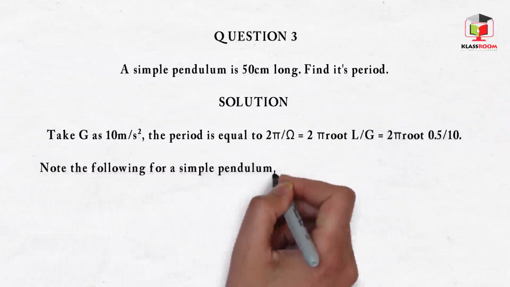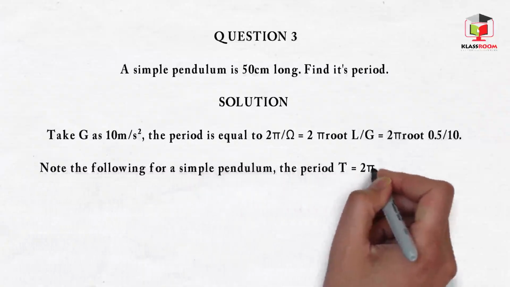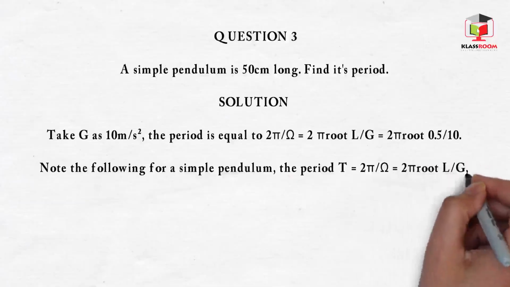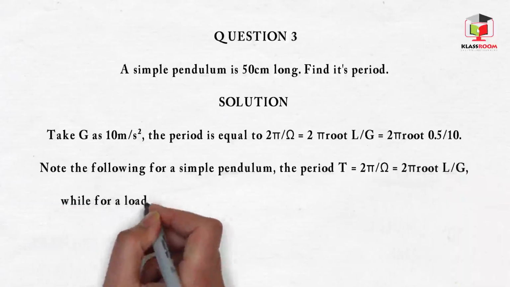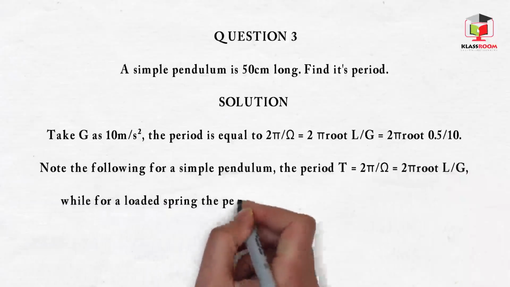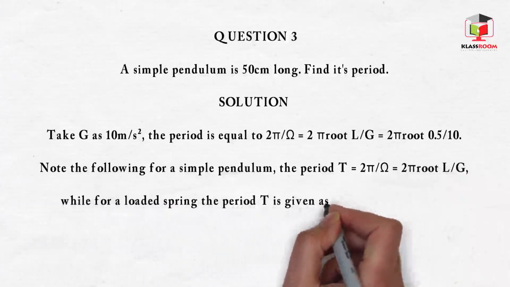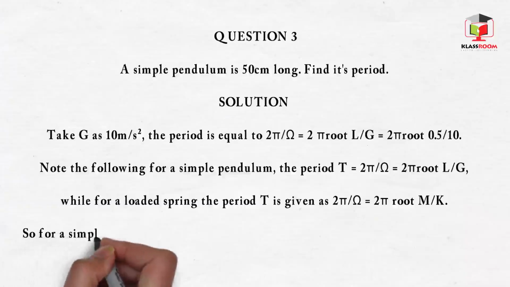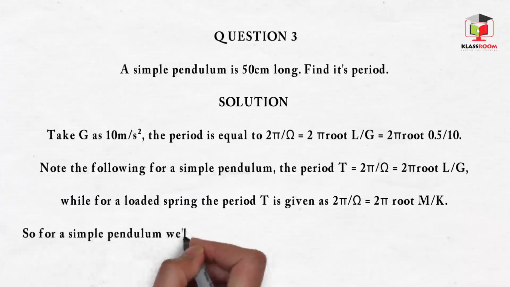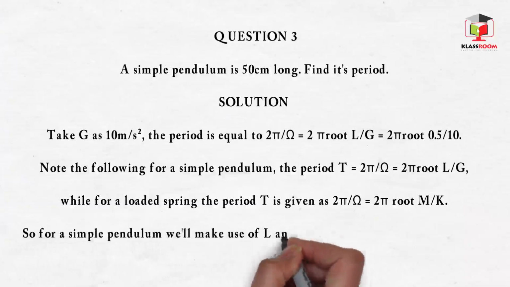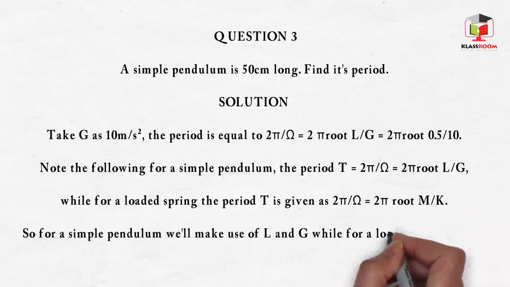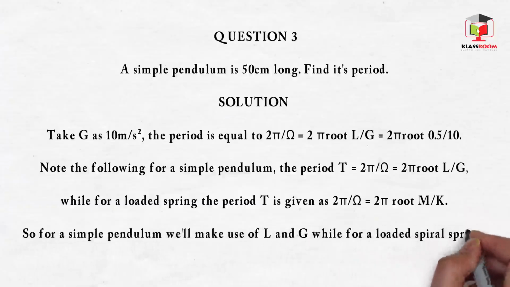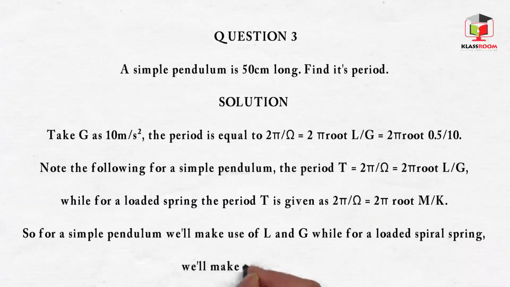For a simple pendulum, the period T is equal to 2 pi over omega, equals 2 pi root l over g, while for a loaded spring, the period T is given as 2 pi over omega, equals 2 pi root m over k. So for a simple pendulum, we make use of l and g, while for a loaded spiral spring, we make use of m and k.